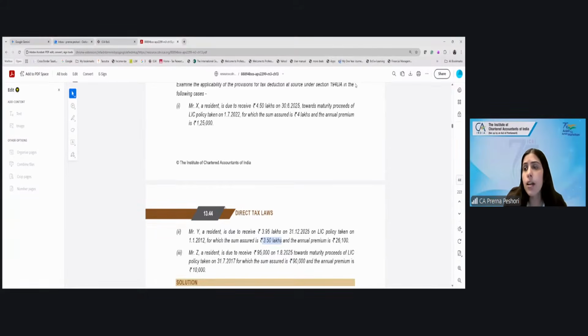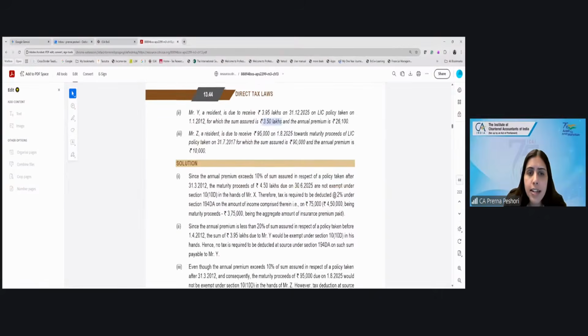So at that time, the condition was that the annual premium should be less than 20%. And the premium is less than 20% of the sum assured. So in that particular case, no tax is required to be deducted on 3.95 lakh.